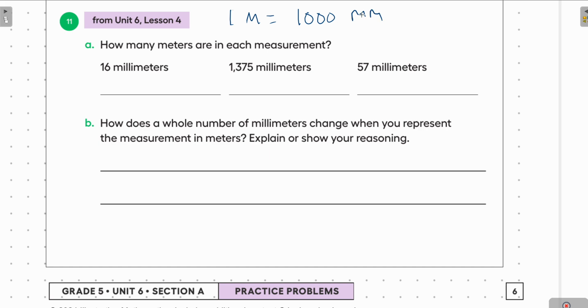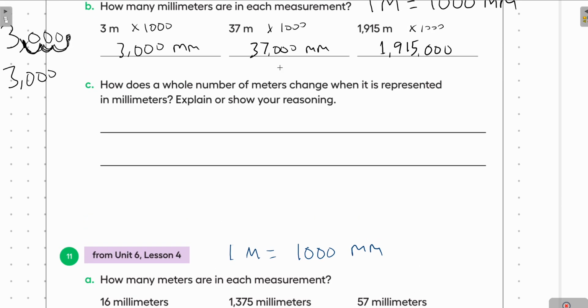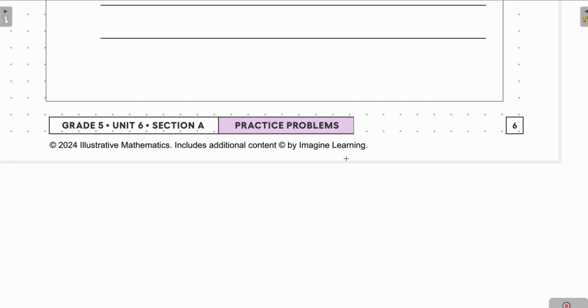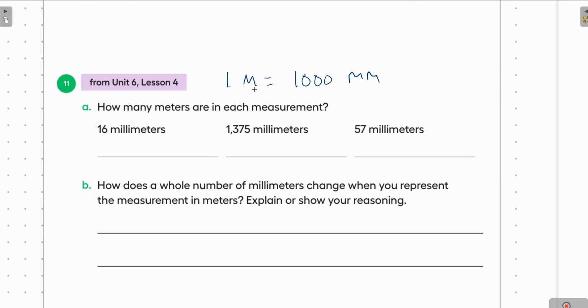Okay, so if we want to convert millimeters to meters, we're going the opposite way. Before, when we converted meters to millimeters, notice how we multiply by 1,000. So now that we are converting the opposite way, that means that we have to divide by 1,000.